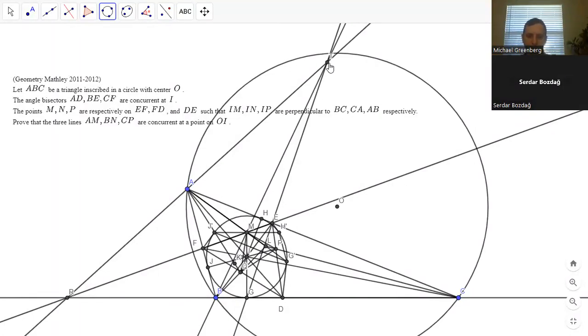You have to prove that. Wow, there's a lot of structure to this problem. Wondering if we can use harmonics to show that those concur.